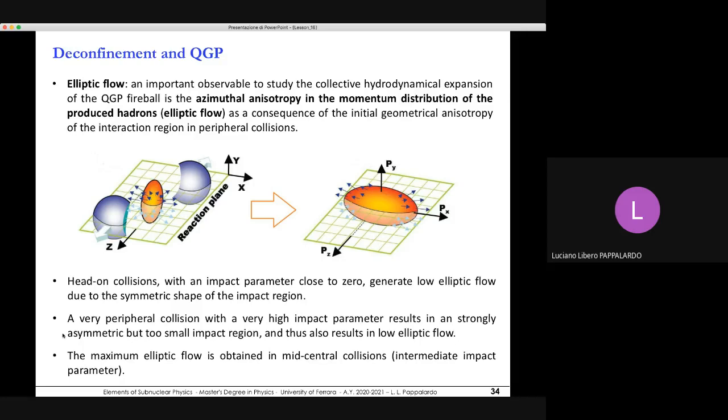On the opposite side, a very peripheral collision will also result in a low elliptic flow because although the impact parameter is very large, the overlapping region is very small, so the effect is suppressed anyway. So overall, the maximum effect for the elliptic flow is obtained in mid-central collisions, like the one depicted here, corresponding to an intermediate value of the impact parameter, not too large, not too small.